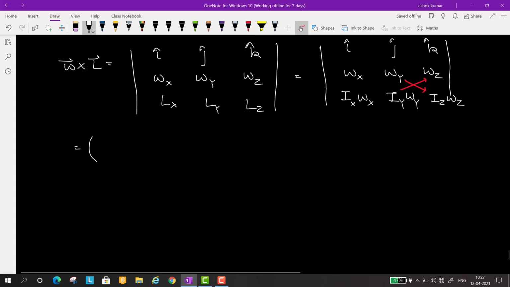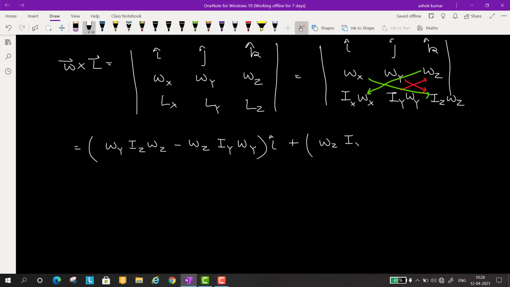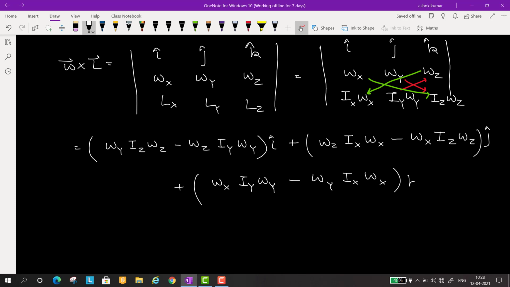so it will be omega y Iz omega z minus omega z Iy omega y i cap, omega z Ix omega x minus omega x Iz omega z j cap, omega x Iy omega y minus omega y Ix omega x k cap.